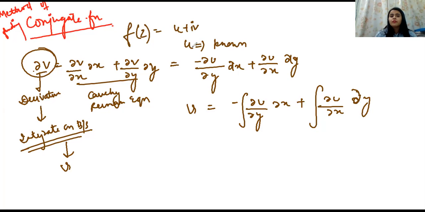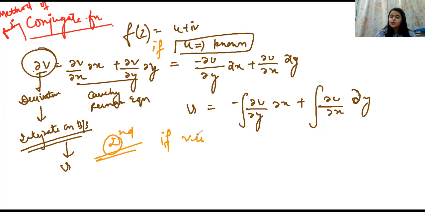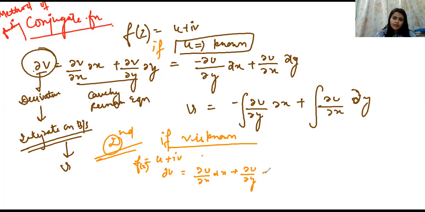Similarly, this is for when you know the value of u. The second trick is for when v is known. If you know the value of v, then similarly you have the function f equal to u plus iota v, where v is known. So du is equal to del u by del x dx plus del u by del y dy.